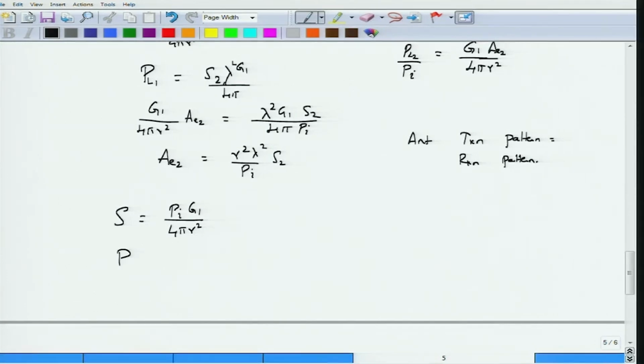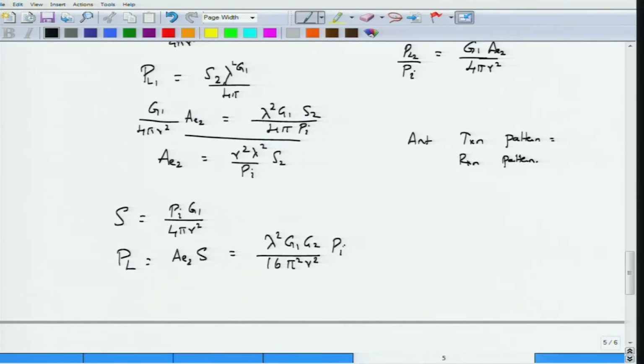So, the power dissipated in the second antenna load, or the load connected to the second antenna, depends on the effective aperture of the second antenna times the power density that is incident on it. Substituting for the aperture AE2 from this expression over here, what you see is lambda square G1 G2 divided by 16 pi square r square Pi.